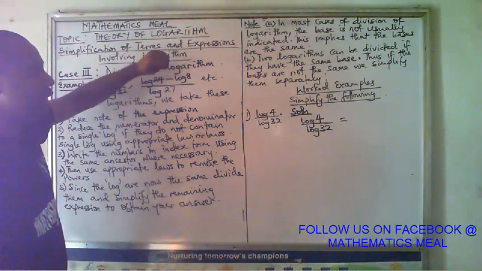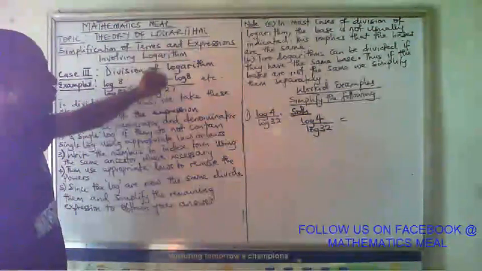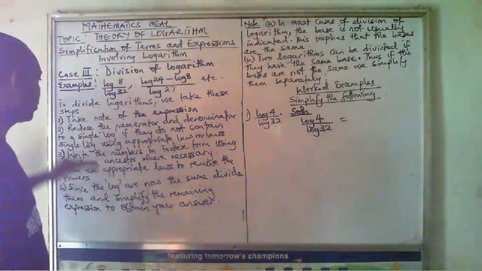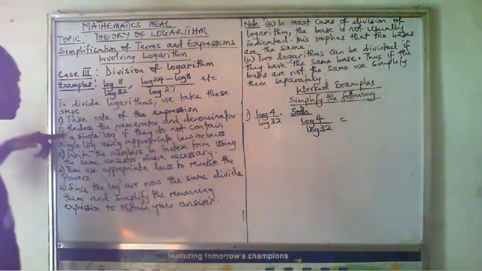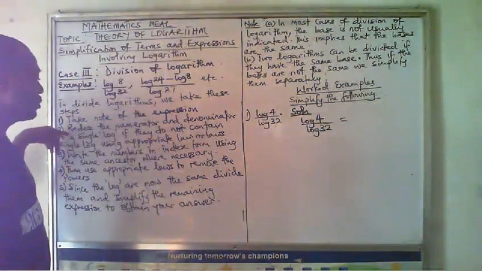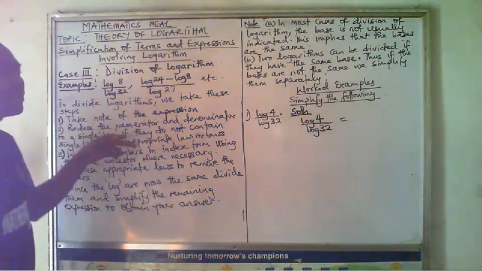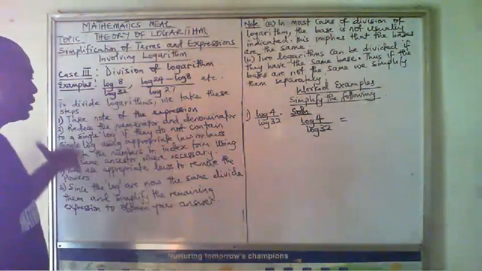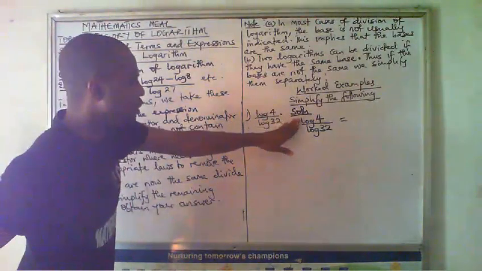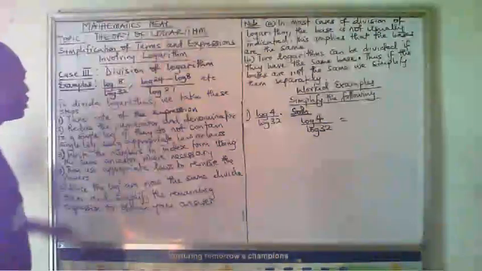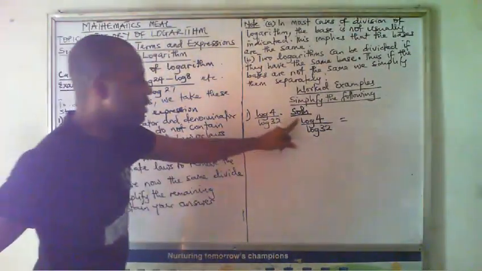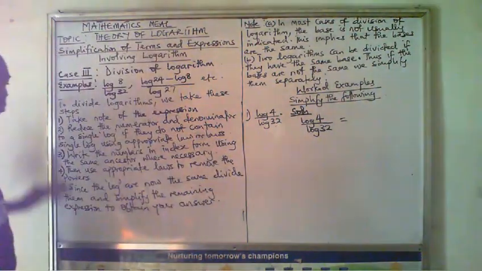But in this problem now, we are going to skip step 2, because that's why we have the if statement. In this case we have just single logs, so we don't need to reduce anything. Okay, we move to step 3.